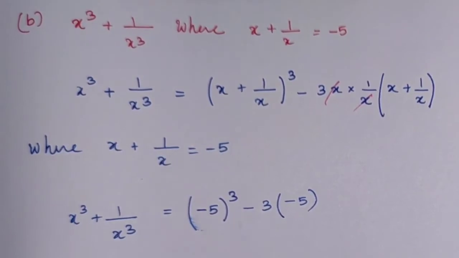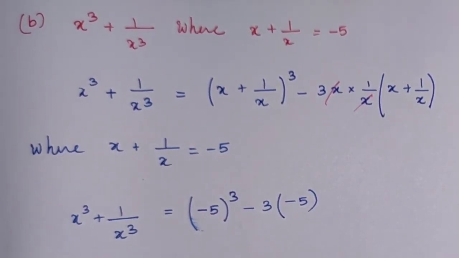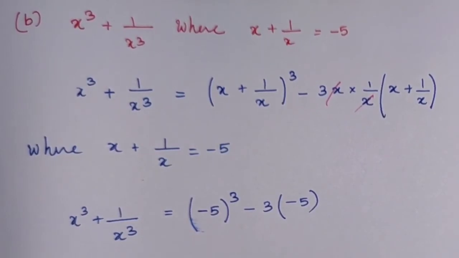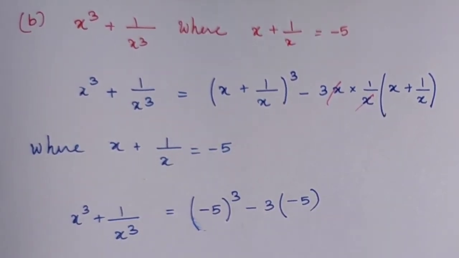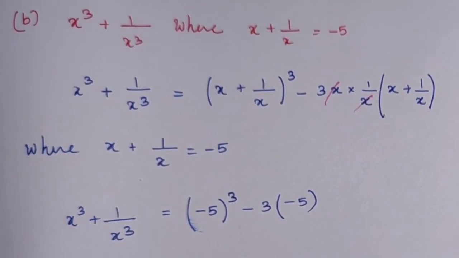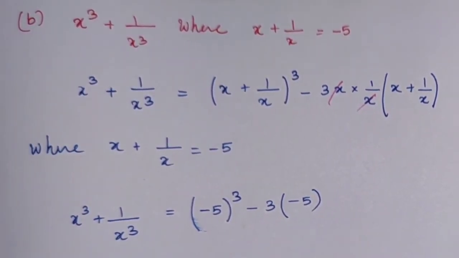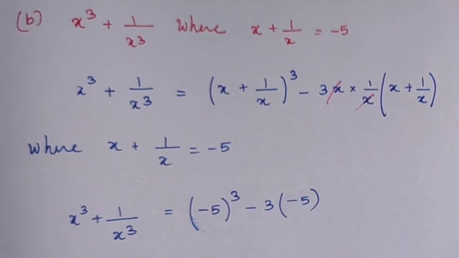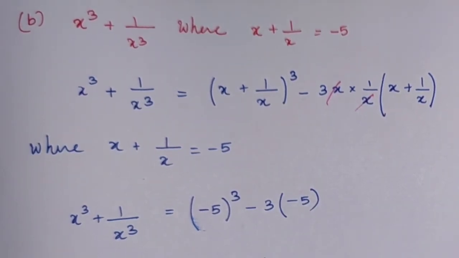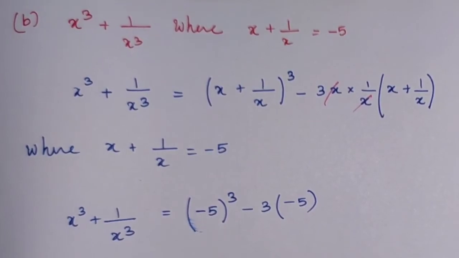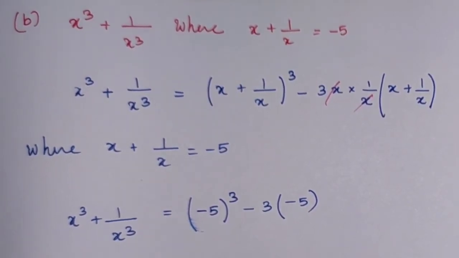So minus 5 into minus 5 into minus 5. 5 into 5, 25. 25 into 5 is 125. Minus into minus is plus, plus into minus is minus. So minus 125. Minus into minus is plus, 3 5s are 15. So minus 125 plus 15.